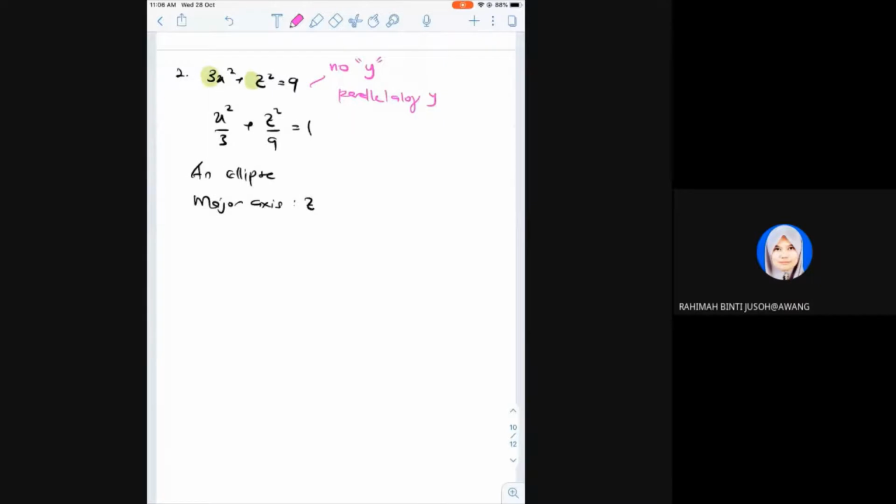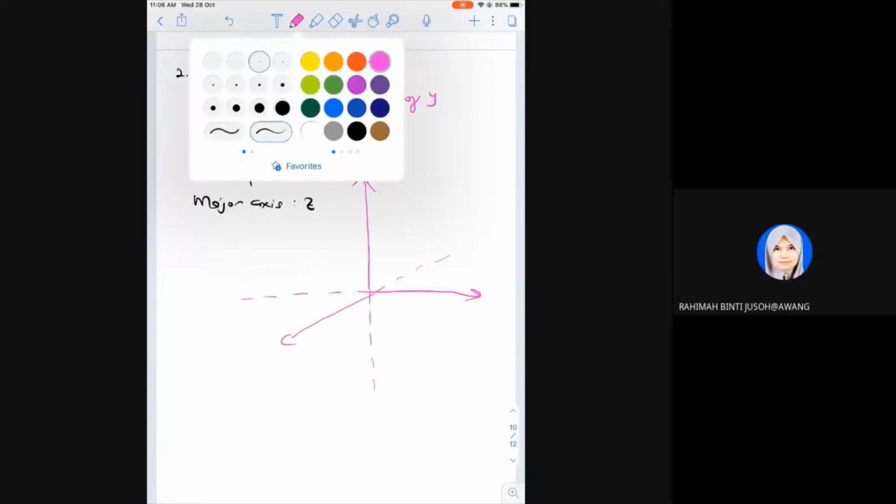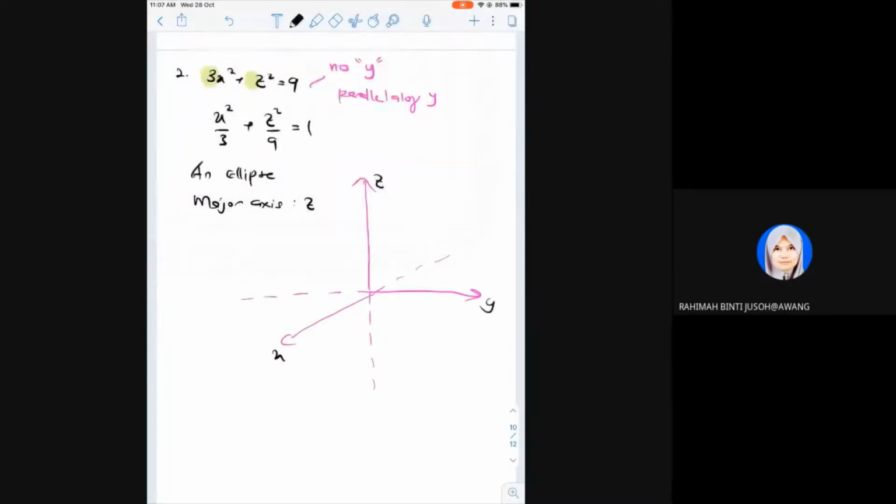Okay, parallel along Y. So jom kita plot cylinder kita ni. X, Y, and Z. Okay, so we will have a circle like this, ellipse. Okay, parallel along Y. So you tarik lah, nak tarik ke kiri boleh, nak tarik ke kanan pun boleh, as long as it's parallel to Y. So the value here should be 3, and then the value here should be square root 3.